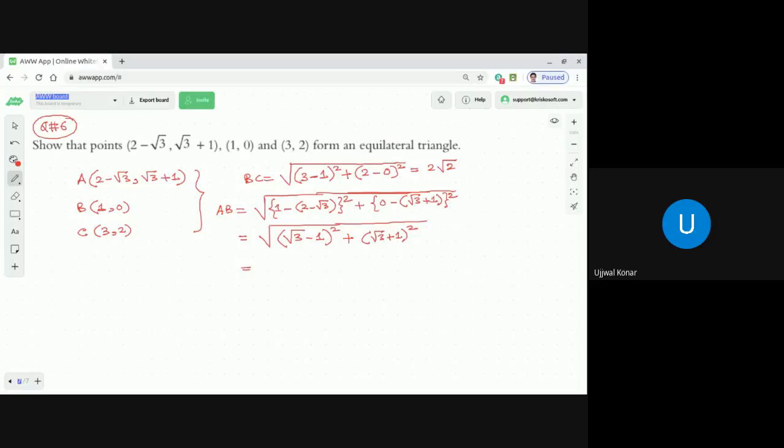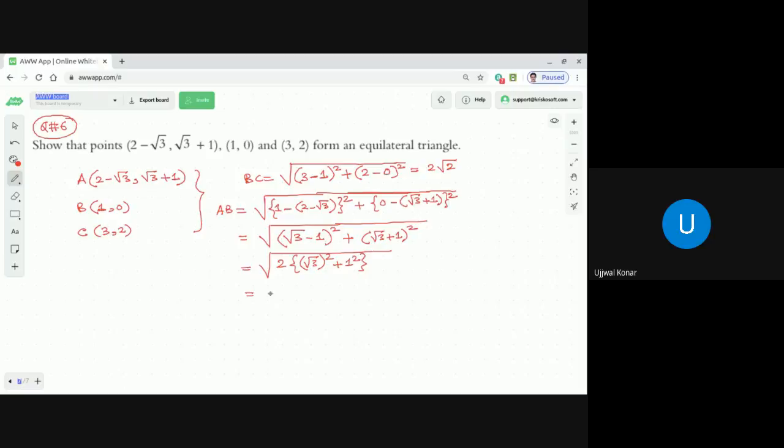We should not apply the a minus b whole square formula. Rather, we should apply a minus b whole square plus a plus b whole square. So that is 2 into a square plus b square, correct or not, dear students? So 2 into root 3 whole square plus 1 square.